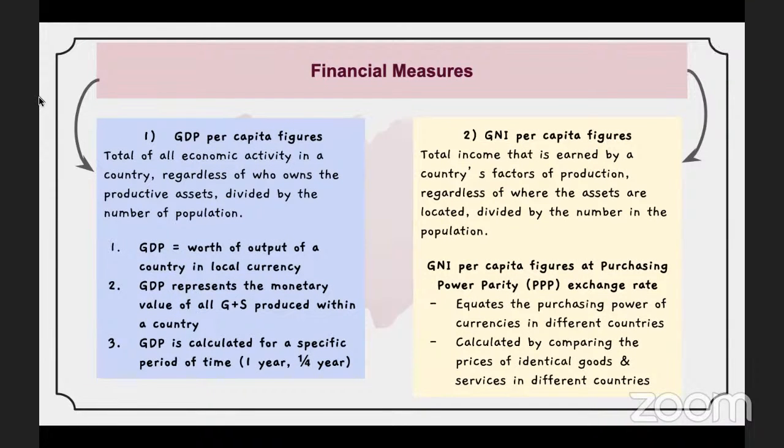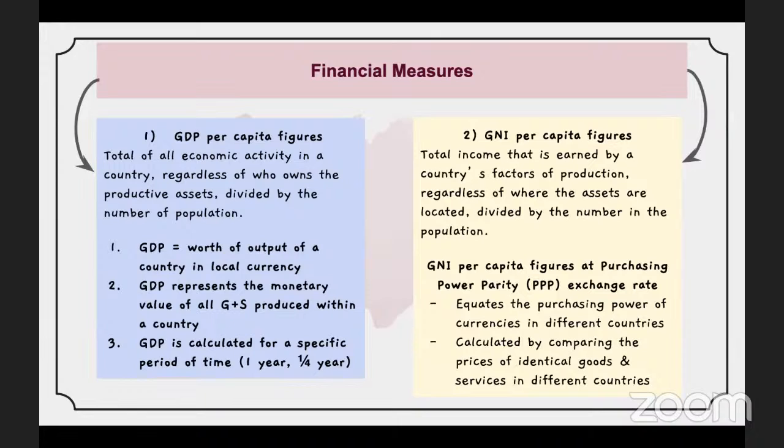Kejap kita tengok GNI per capita figures at purchasing power parity. This one is very useful when we make comparisons between countries. So it will be the GNI per capita, but we are looking at purchasing power parity.